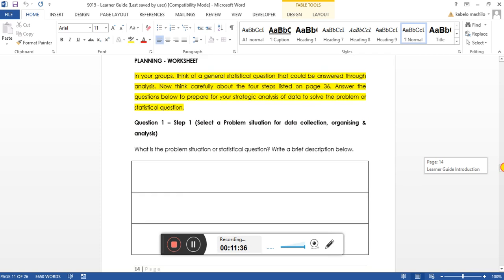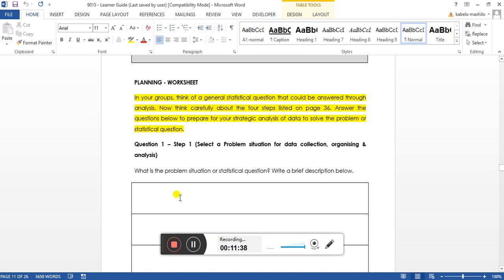You have to say what the problem of that situation is, based on corona. Why are the number of corona cases, people who are getting corona, decreasing or increasing? You'll have to write a brief description below.